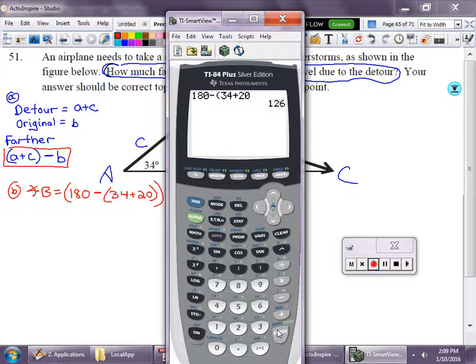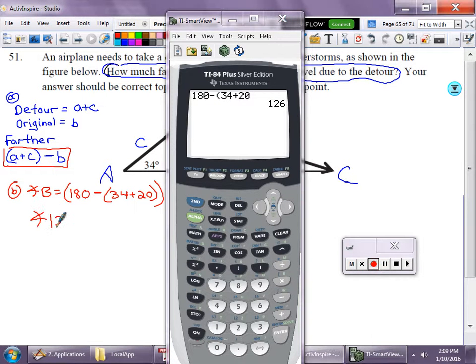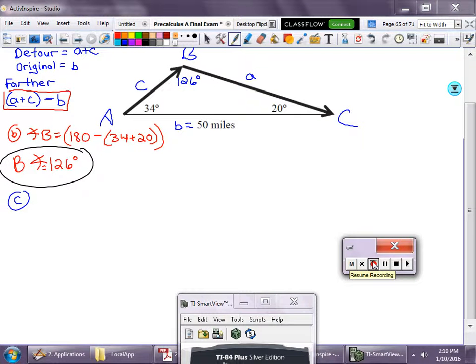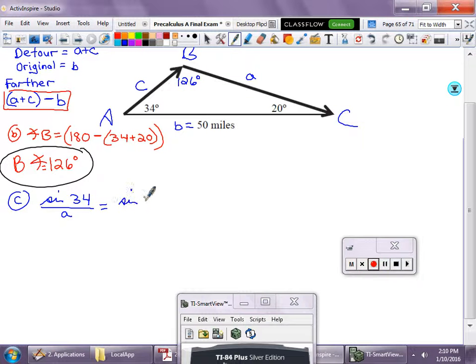Angle B, 126 degrees. We need to find side A and side C. So let's set up our law of sines. Sine of 34 over A is going to equal sine of 126 over 50.